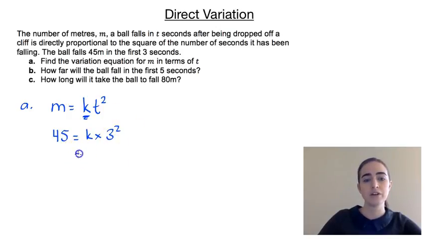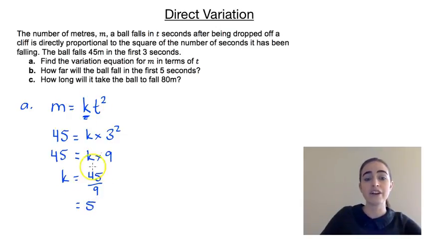Now 3 squared, we know that's 9, so we have 45 equals k times 9. And then to get k on its own, we'll have 45 divided by 9. So k equals 45 over 9, which will just give us 5. So that means our variation equation, we put that 5 back in where the k was, and our equation is m equals 5t squared.